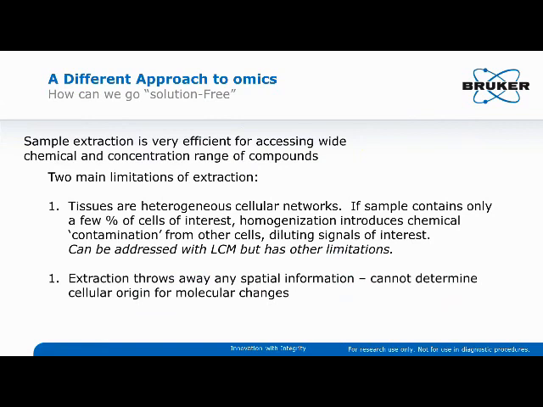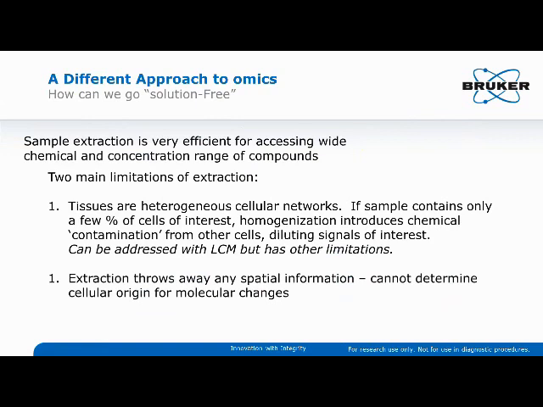But there are two limitations to homogenization extraction. The first is that tissues in particular are comprised of heterogeneous cell networks. If you're taking a biopsy tissue, which probably contains only a few percent of the cells of interest, then if you homogenize the tissue, all of those other cells that are not interesting, at least at this point, are introduced into that homogenate.